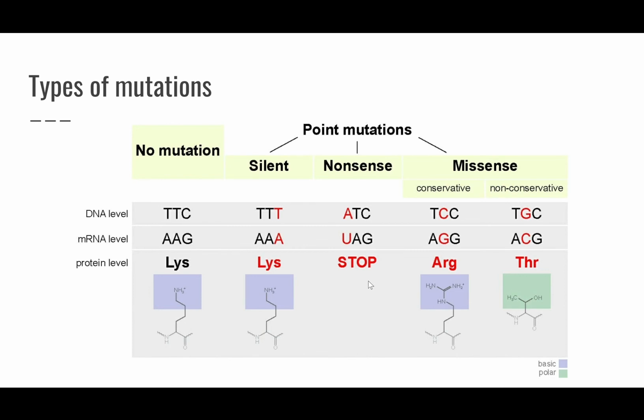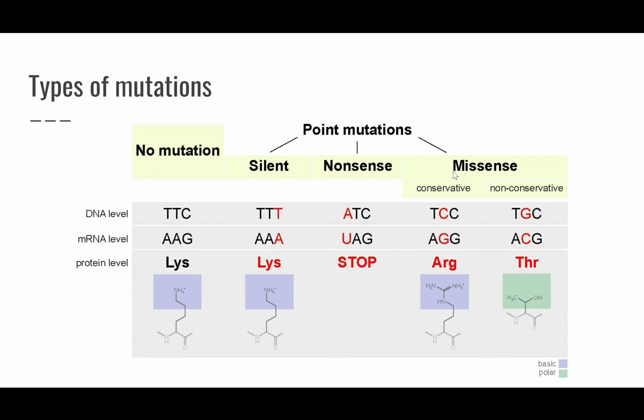If this lysine was supposed to be in the middle of our protein, think about proteins as being a chain of amino acids, then having a stop where we were not supposed to stop is going to essentially cut that protein short. It was supposed to be 20 amino acids long, and now it's only 10. So that's obviously going to affect its function. It's not the full protein.